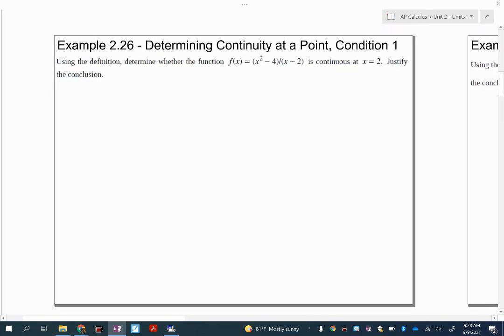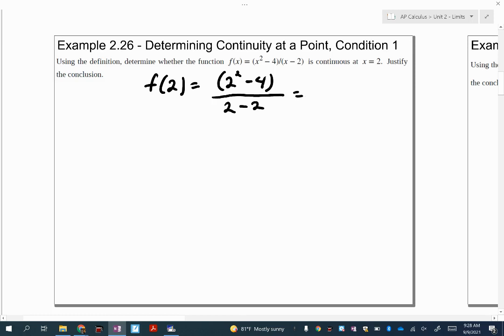Okay, so let's look at this first one here. Remember, the first thing we always check is to see if it's defined at that point A. So if we want to see if it's continuous at x equals 2, we're going to plug in 2. So let's do f of 2. That's 2 squared minus 4 over 2 minus 2. So that's 4 minus 4, which is 0. 2 minus 2 is 0. So this is not defined.